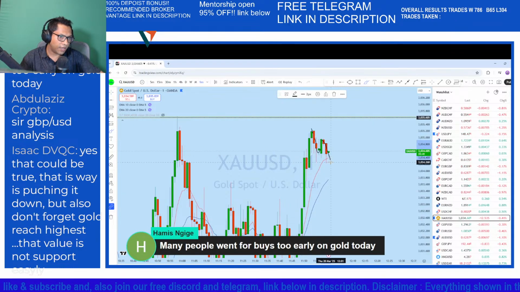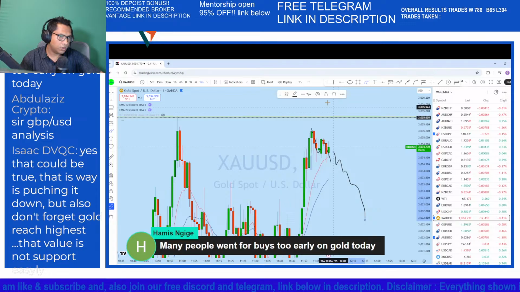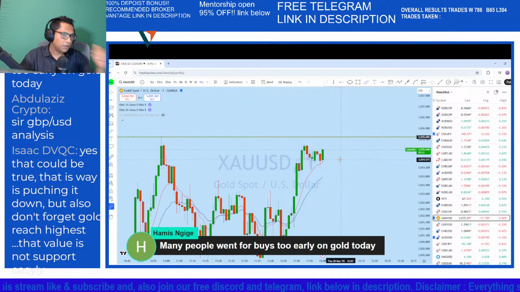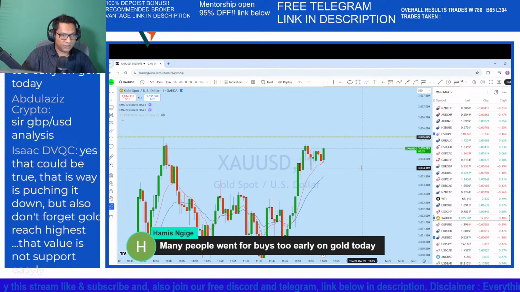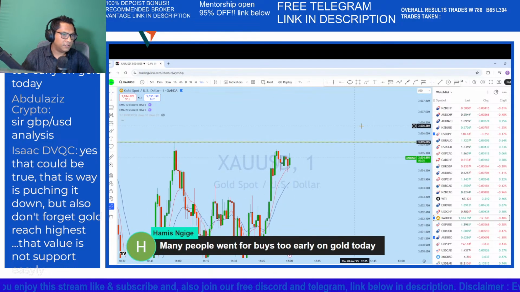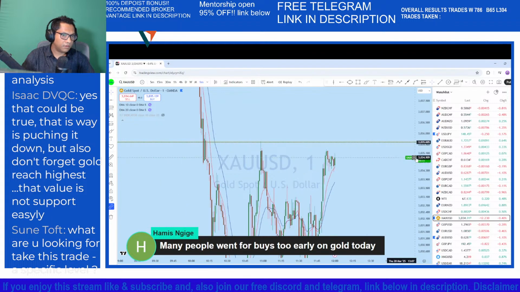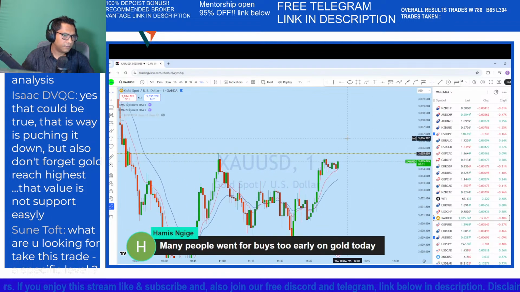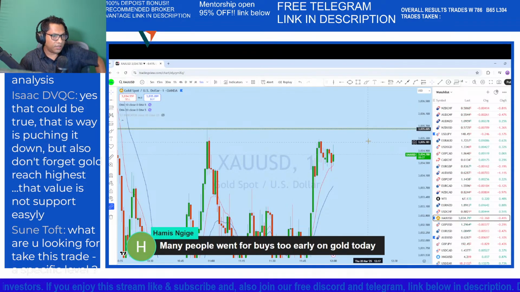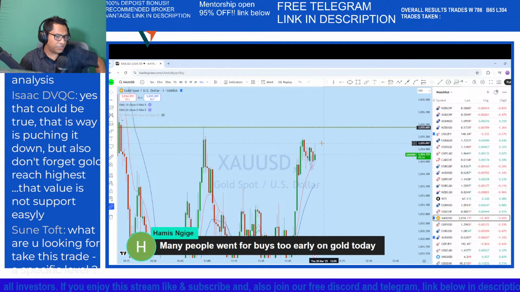Okay, a move, pullback, another move, pullback. Here you can see the market is trying to move back up. With that in mind, you can see there is a doji formation here.